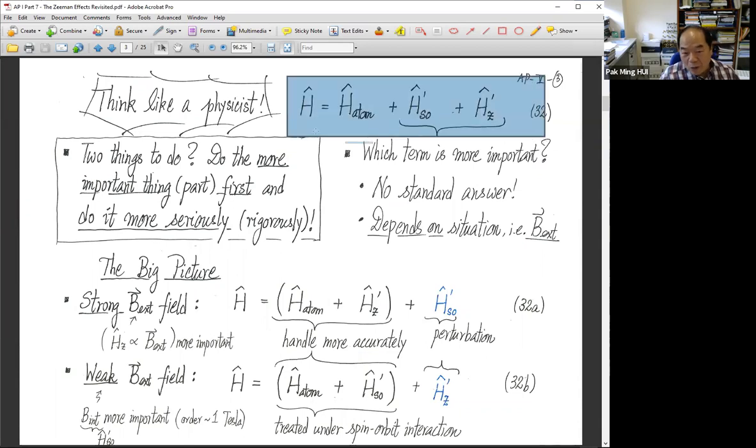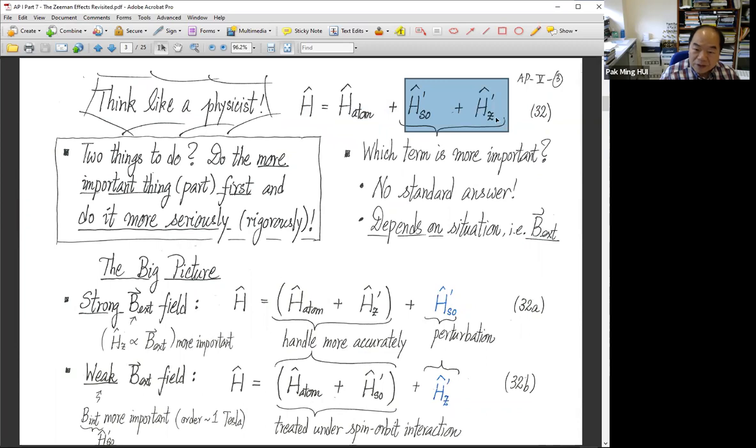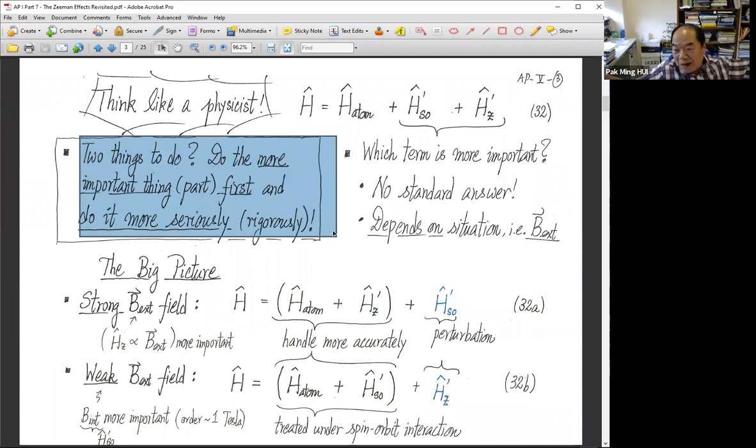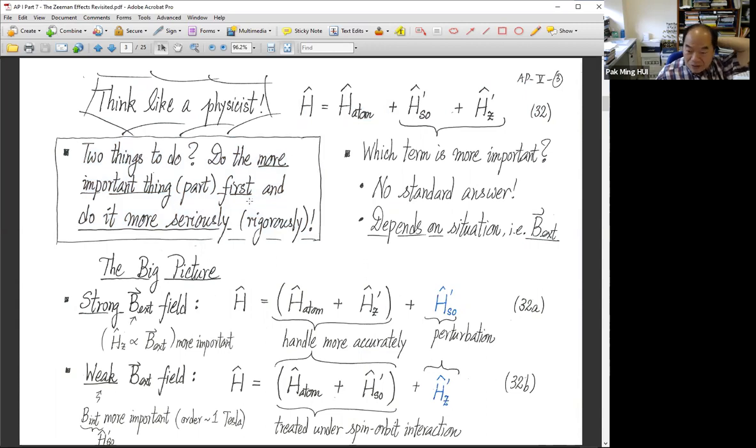We have a Hamiltonian with two kinds of perturbative terms. Then you think, well, how can we handle it? Now, just think in the most natural way. When you have two things to do in your life, what will you do?